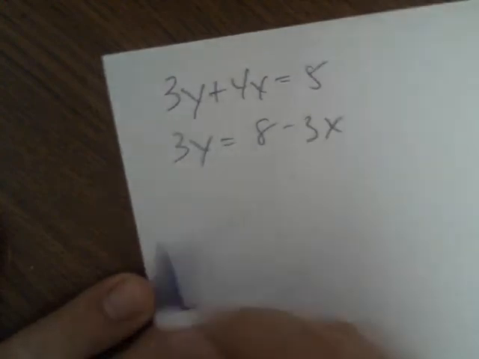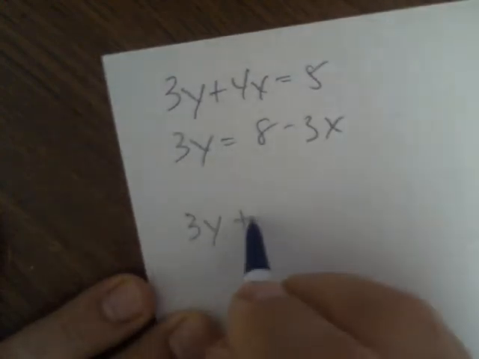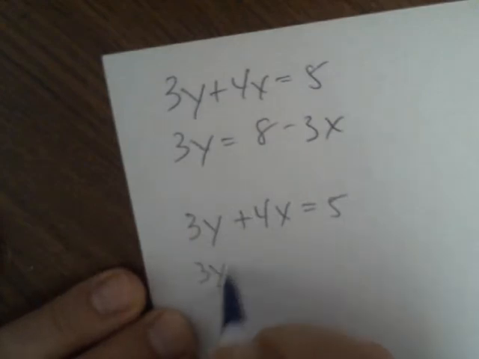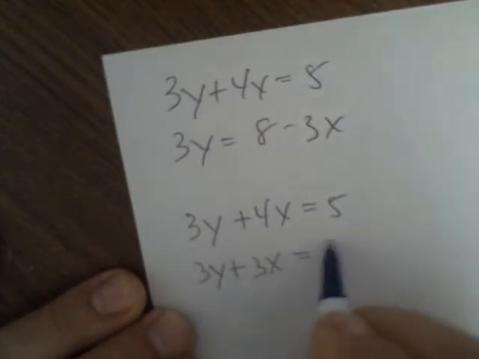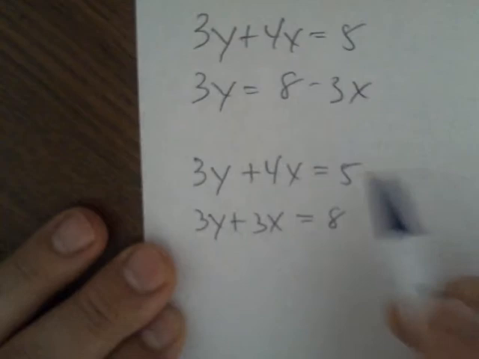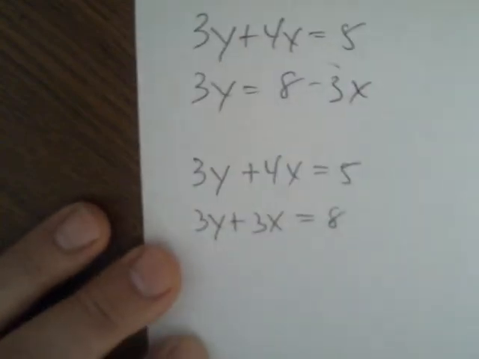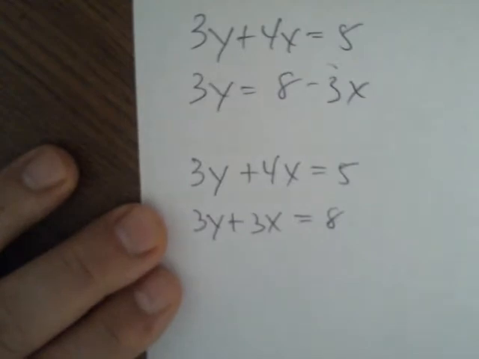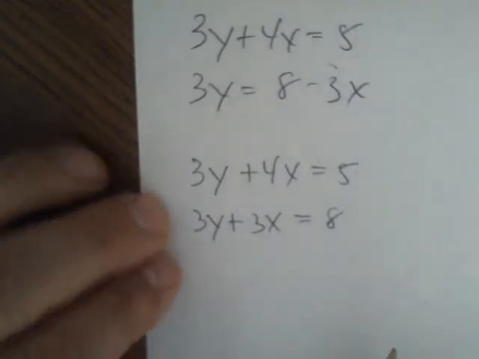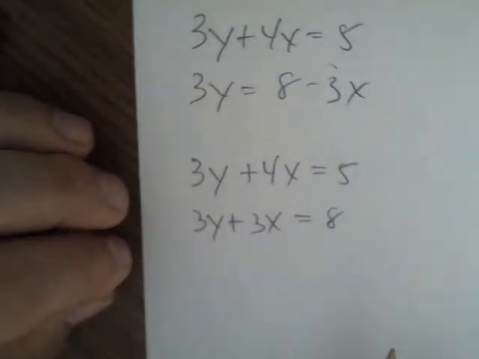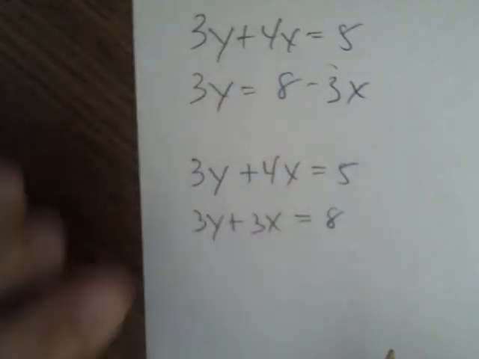So I'm going to leave the first equation untouched, add 3x to both sides, to bring this minus 3x over to the other side. Now, the addition method, or elimination method as I call it, means that we're going to try to, if we're not given opposites, create opposites in either x or y.